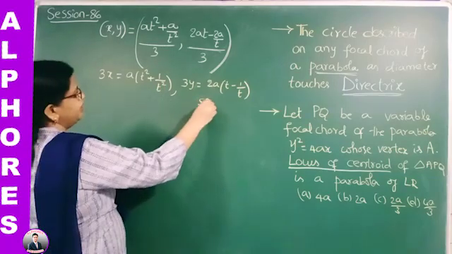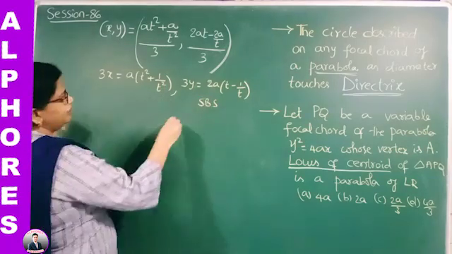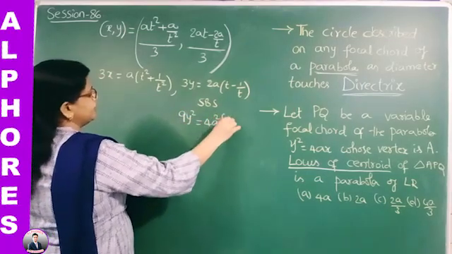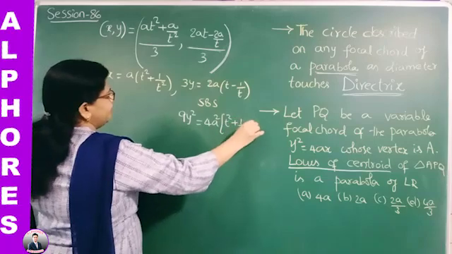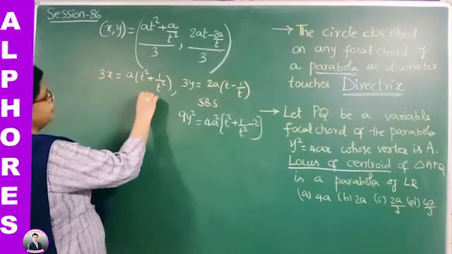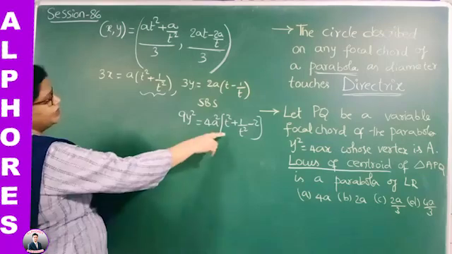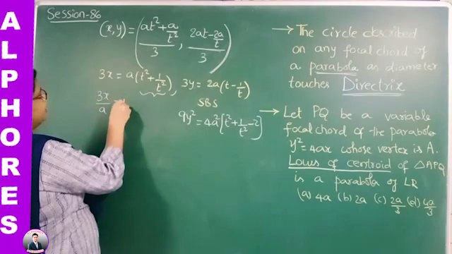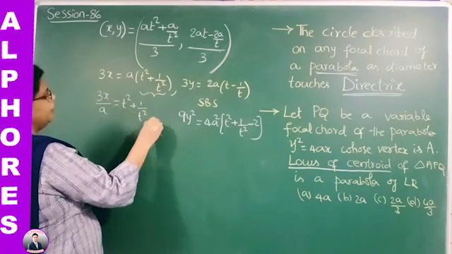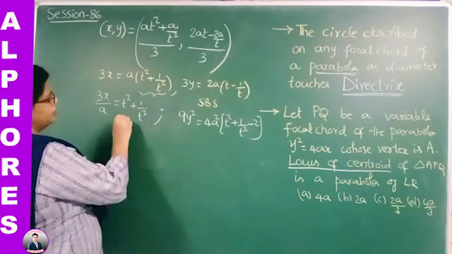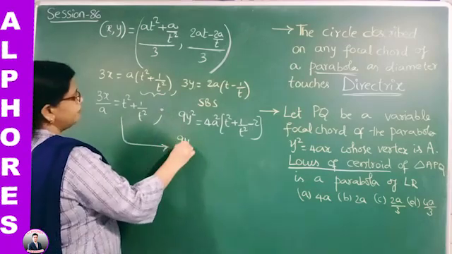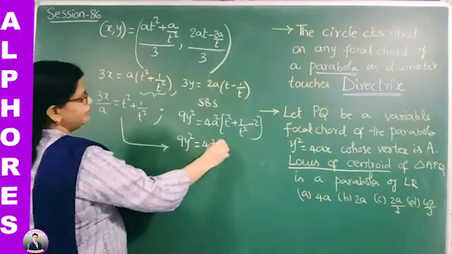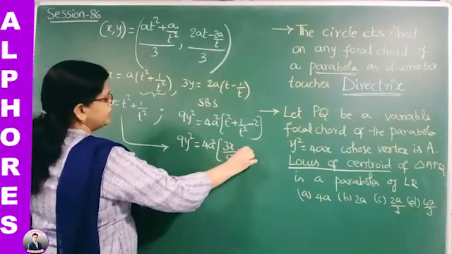Then this is 9y square equal to 4a square into (t square plus 1 by t square minus 2). Now let us substitute this t square plus 1 by t square as 3x divided by a. So 9y square is 4a square into (3x divided by a minus 2).